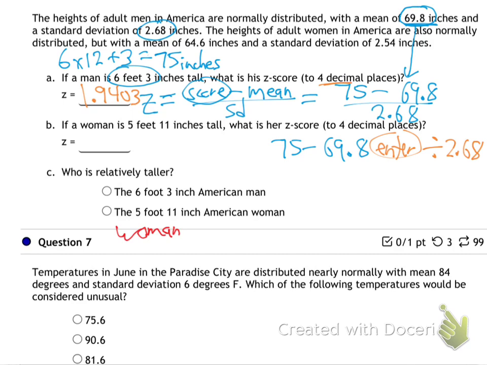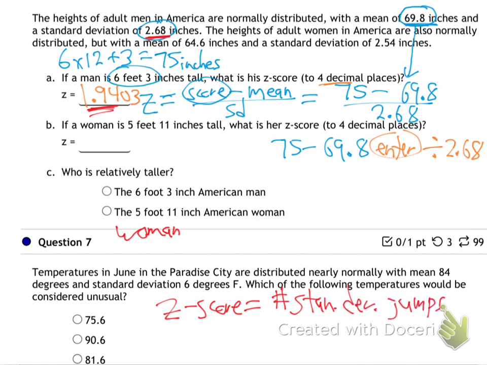This man is almost twice the typical amount above average. Because 2.68 is the standard deviation, and he's almost twice that. Z-score 1.9. What z-score means? Let me write it down here for you. Z-score is number of standard deviation jumps from the middle.